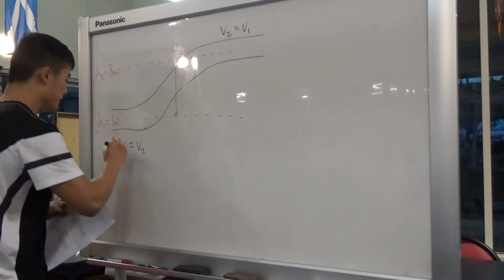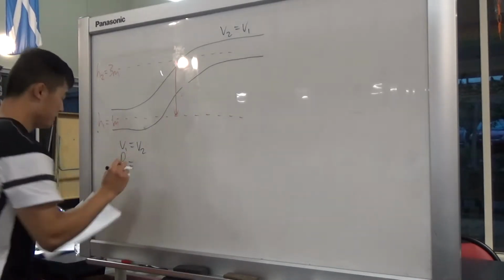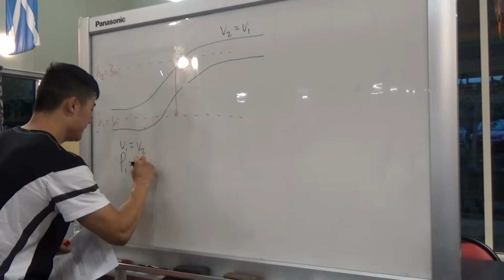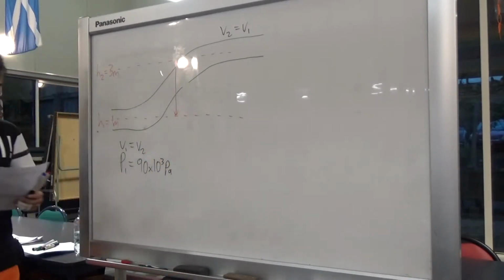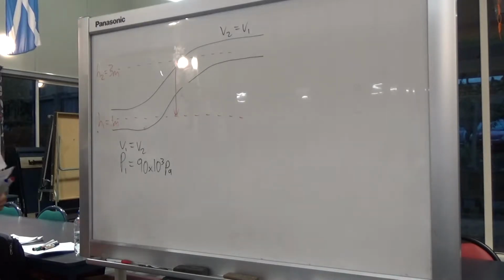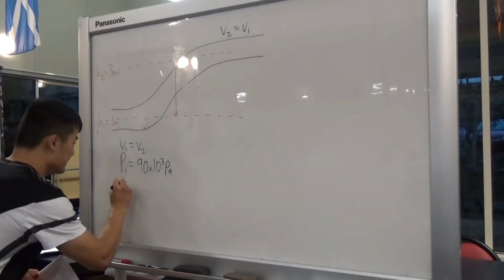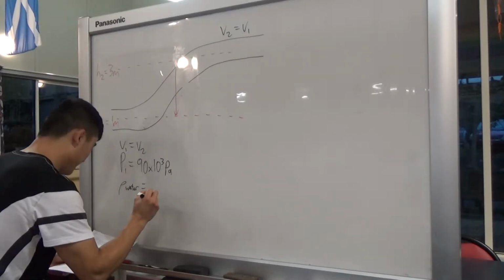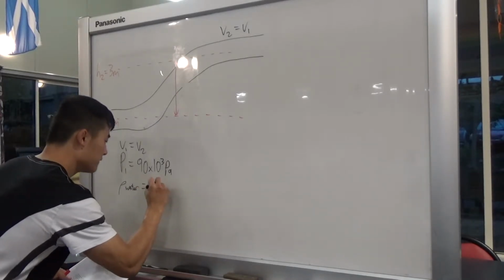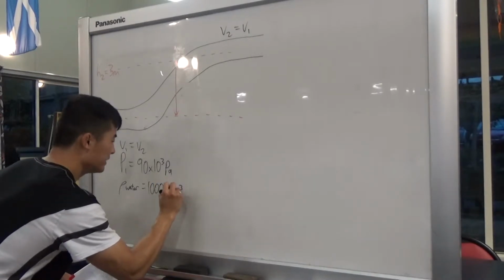And the pressure at point 1 is 90 kilopascals, so 90 times 10 to the 3 pascals. And we know that the density of this liquid is 1,000 kilograms per meter cubed, right?